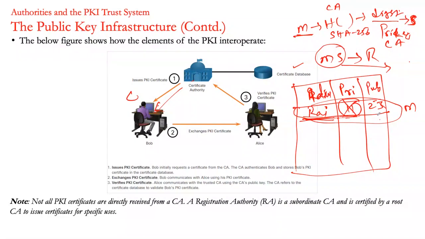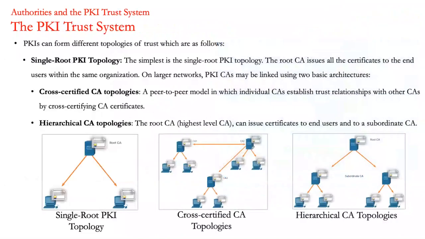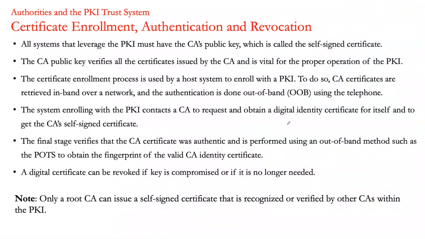So Raj, the public key and the digital signature by your CA will be sent to your Alice. Upon receiving this, to do the signature verification, Alice will send this digital signature to your certificate authority to check it out. So that is what happens in this.